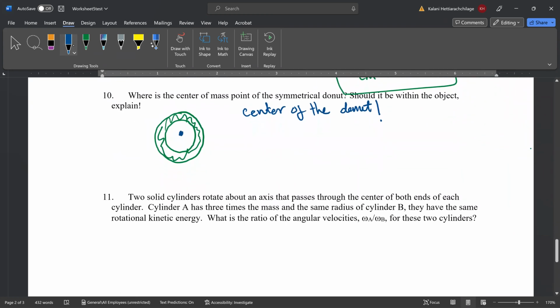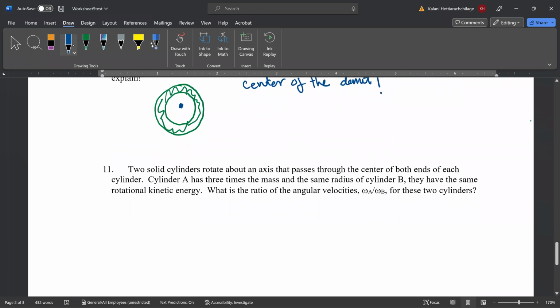Okay, I'll include a little calculation to get an understanding about the kinetic energy. We discussed the kinetic energy earlier. You remember that the kinetic energy for translational motion, if I have a mass moving with velocity, is half m v squared.